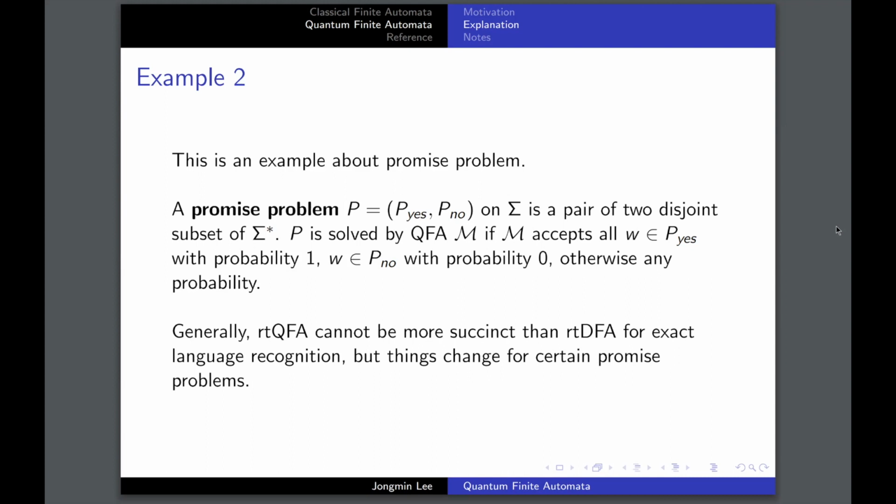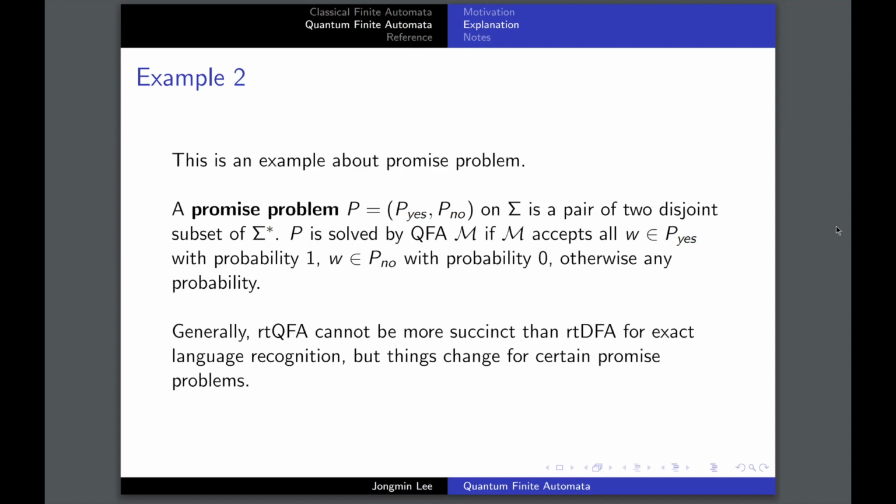But otherwise, if the word is contained in neither P yes nor P no, then the behavior is out of our interest.